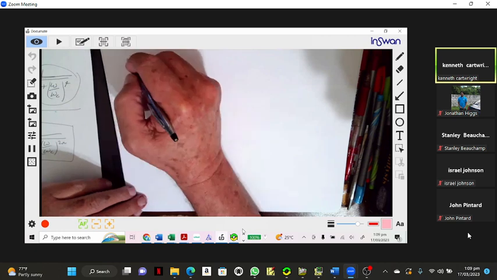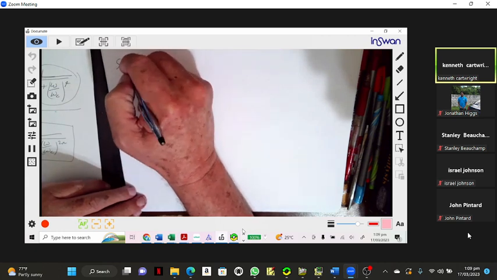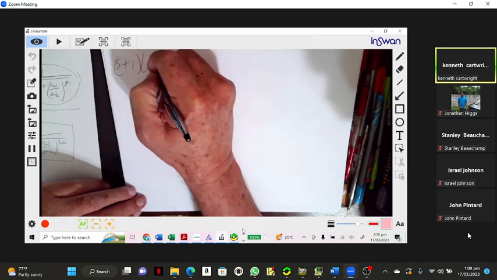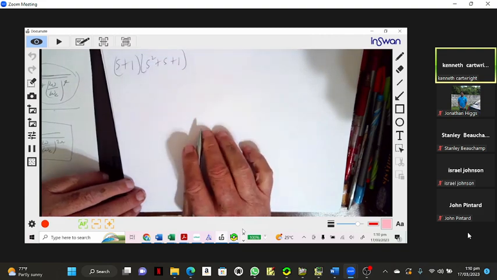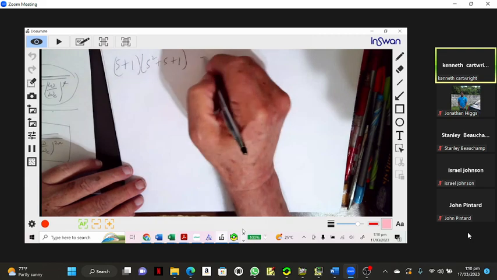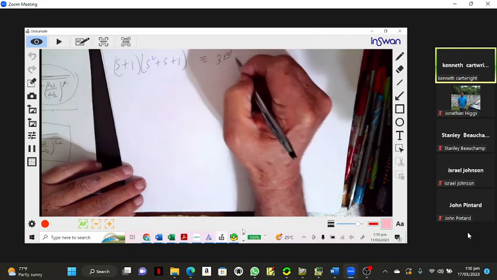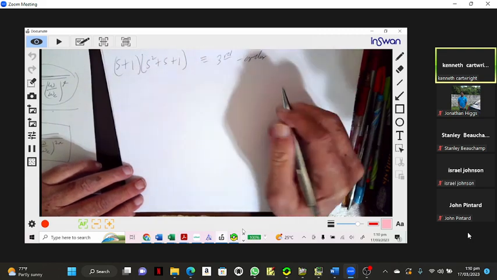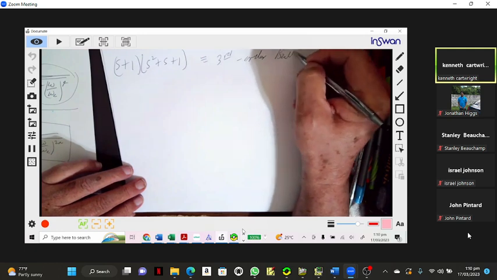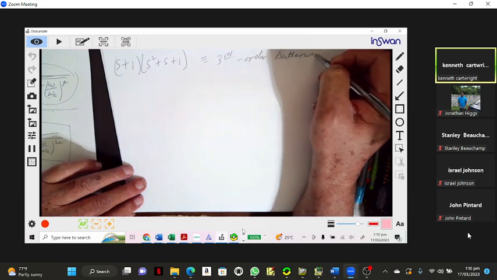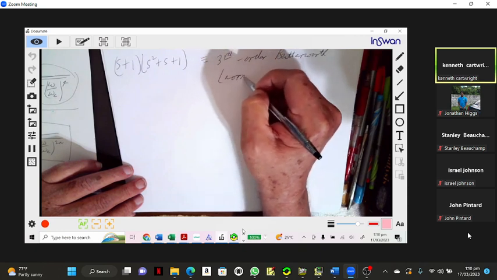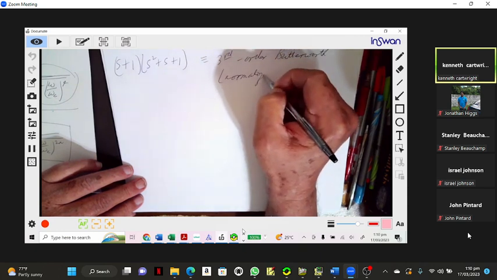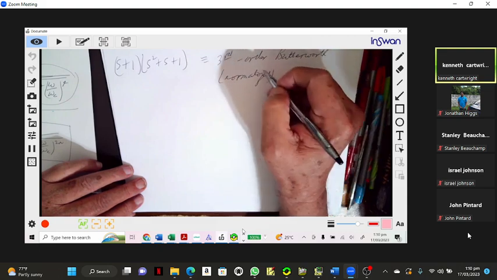The third order polynomial is s plus 1 times s squared plus s plus 1. This is the third order normalized Butterworth.